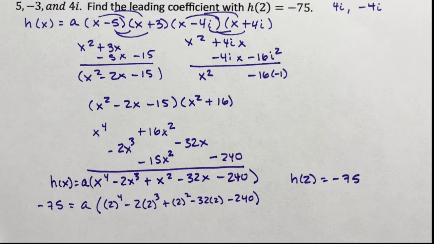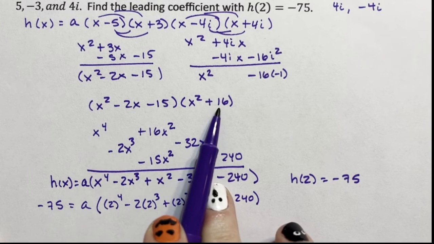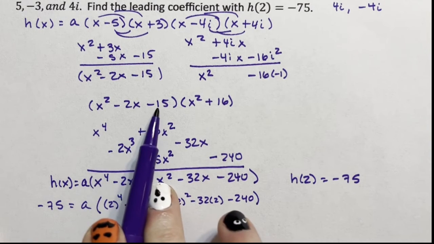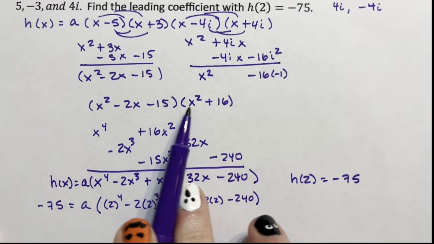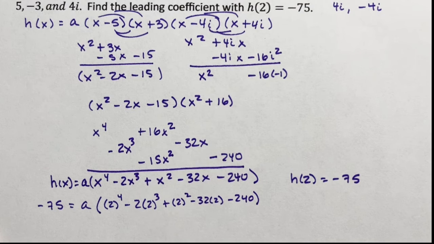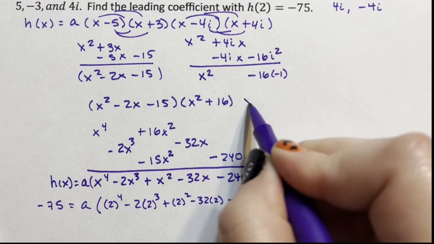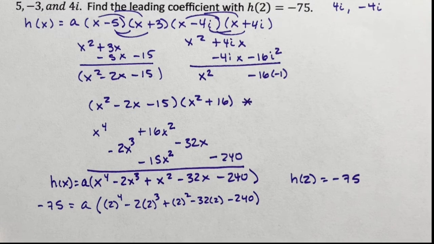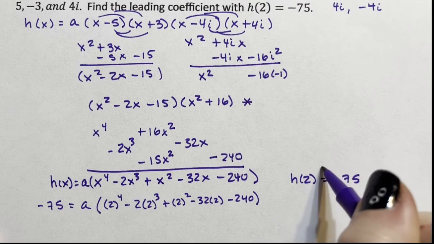Not all calculators do. It may have been easier at this point: 4 minus 4, which left us with -15, and then 4 plus 16, so -15 times 20. That actually may have been the easiest place to get -300.